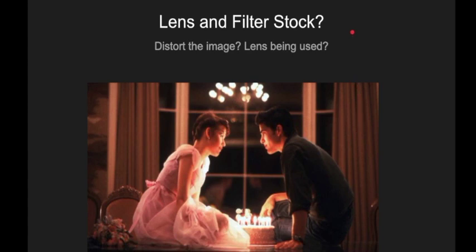Lens and filter stock. So when we're looking at the image given, it's important to see if there's any distortion in the corners or the center of the screen because this can help determine what lens is being used. So when we're looking at our image of Ryan and Sam here, I would say the lens is not a wide angle because there's not much depth in this image, and there are several planes in focus.